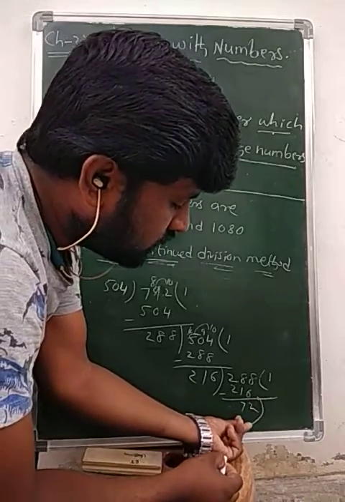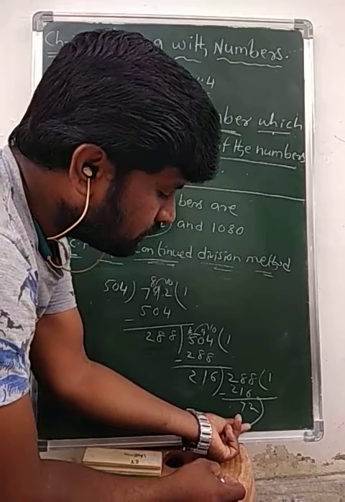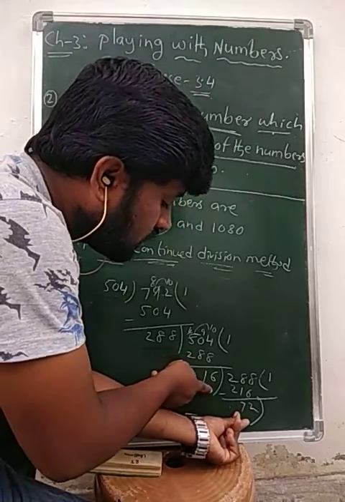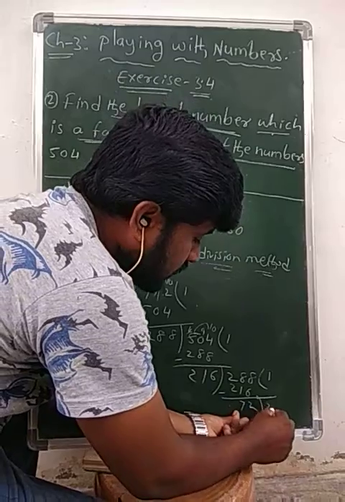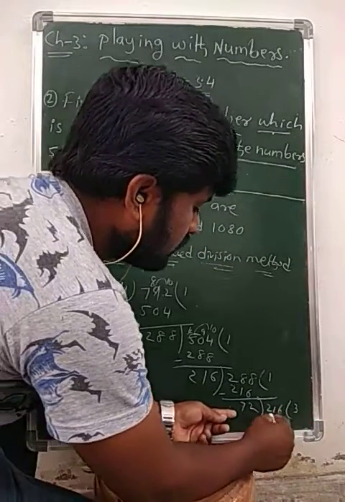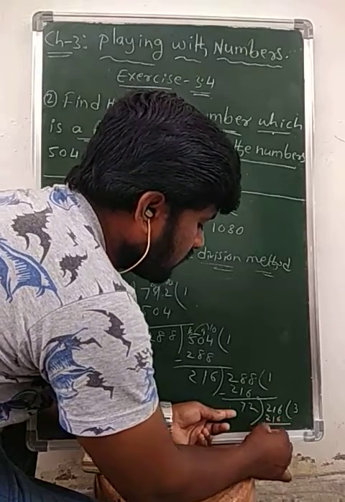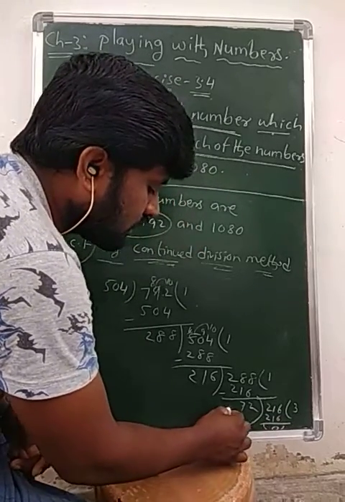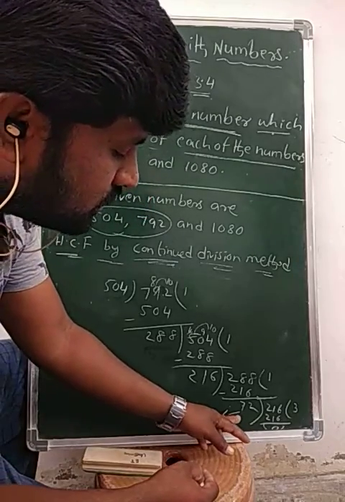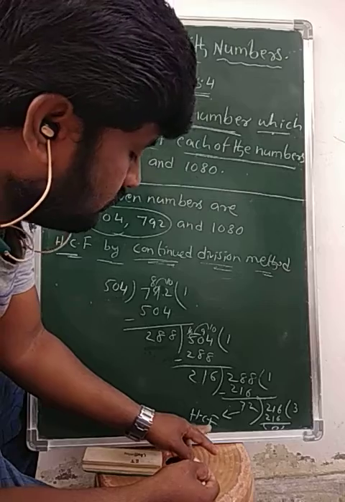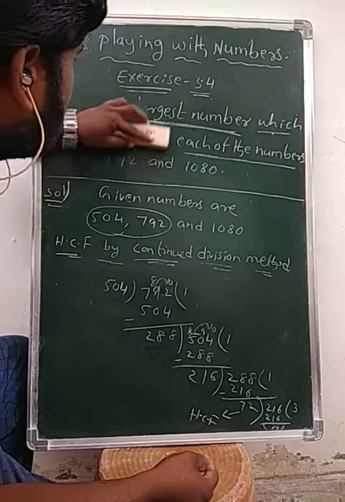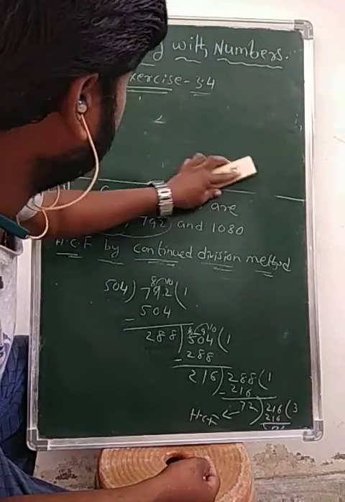Now the remainder 72 acts as a divisor. The divisor 216 acts as a dividend. 72 threes are 216. So clearly, the last divisor is 72, and that is the HCF.